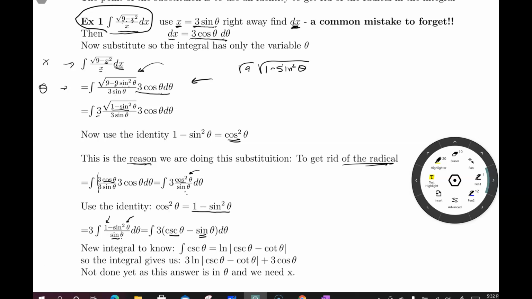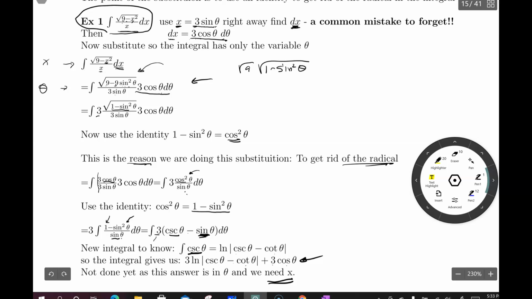I'm doing this on purpose so I can introduce you to yet another integral you need to know. The integral of cosecant is ln of cosecant minus cotangent. So from here, I get this 3, ln of cosecant theta minus cotangent theta, and then the antiderivative of this sine, with the negative sign, gives me a positive 3 cosine theta. Whew. Okay, so that's what I get in thetas.